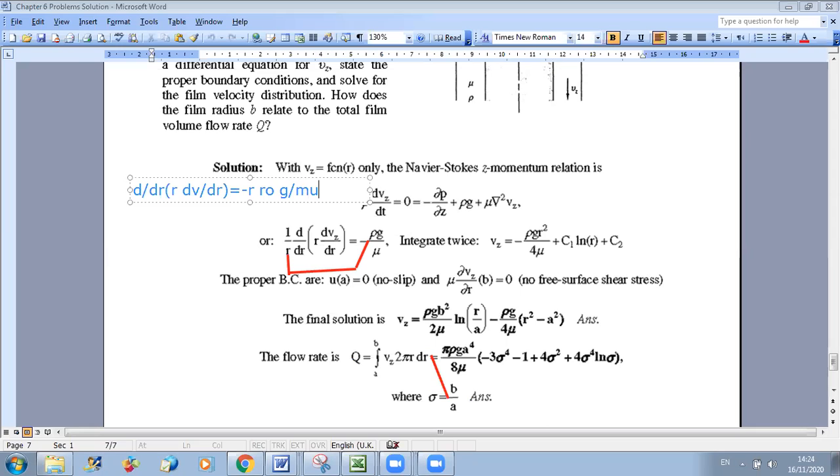Now, if we integrate this relation for the first time, the d by dr goes away due to the integration.